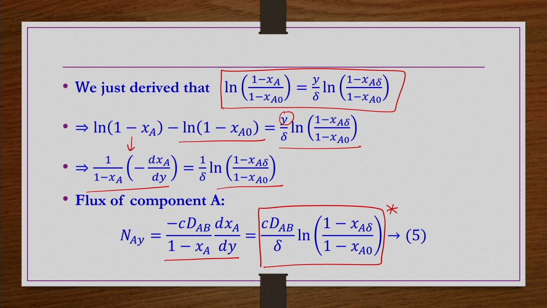So then we try to write the concentration profile in the very conventional way, in general XA minus XAδ divided by XA0 minus XAδ. So that is what we are doing in the next slide.